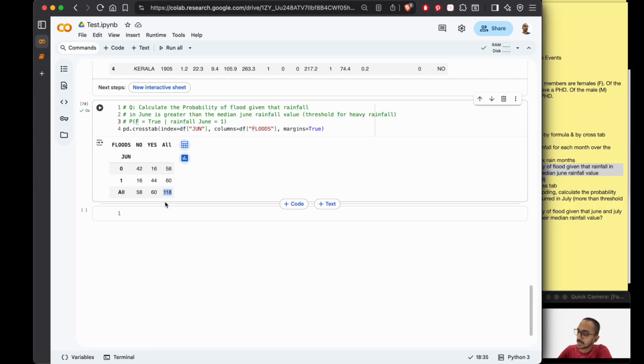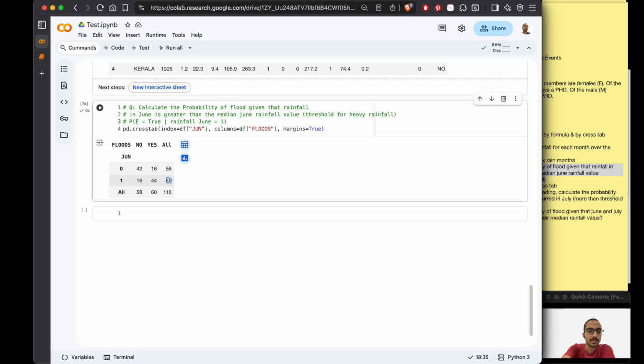Now similarly we have to find the probability for P of R, which is total rains greater than the median in the June month, which would be this one, the total, which is the 60 over 118, because we are trying to find the probability.